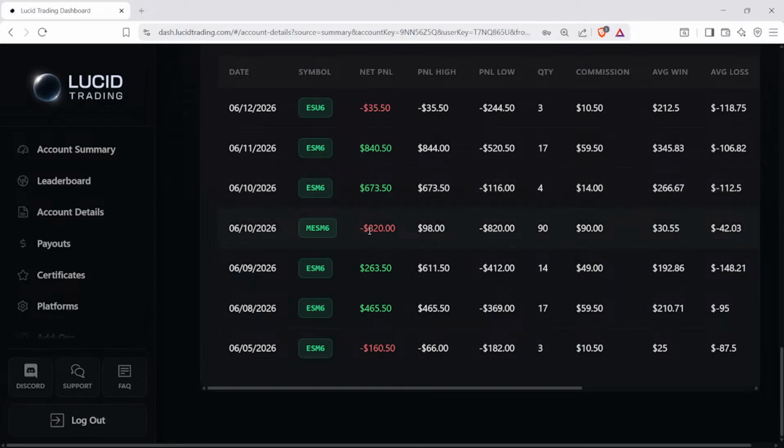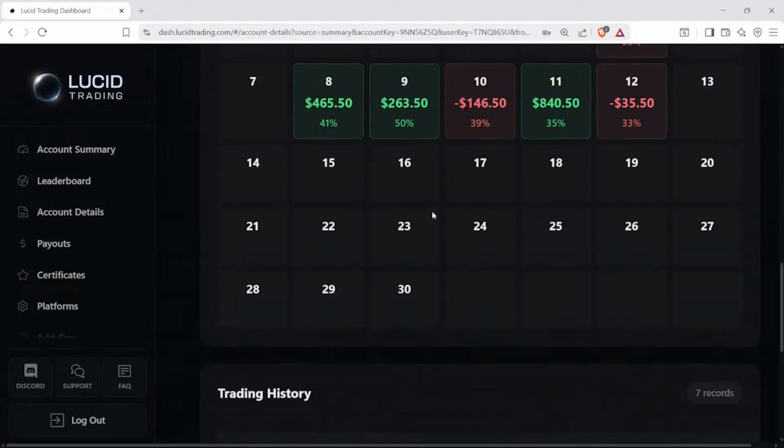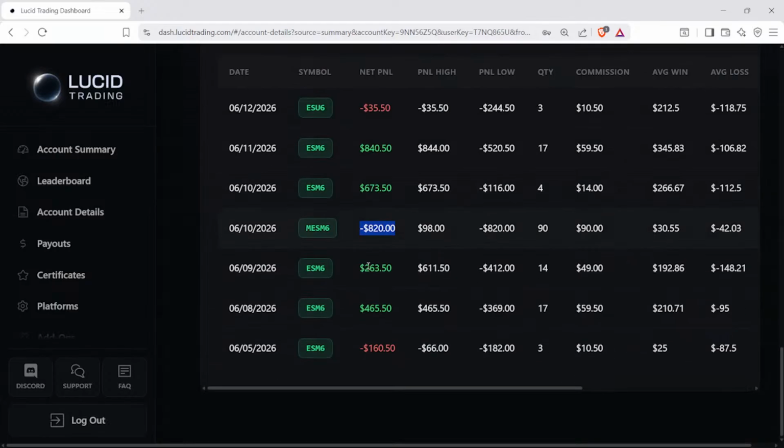The micros, and I was just trying to grab a little profit, but eventually it just didn't work, and I just wiped out that 673.50 and then added on that 146.50 to just end the day at 820. And yeah, that's what happened.